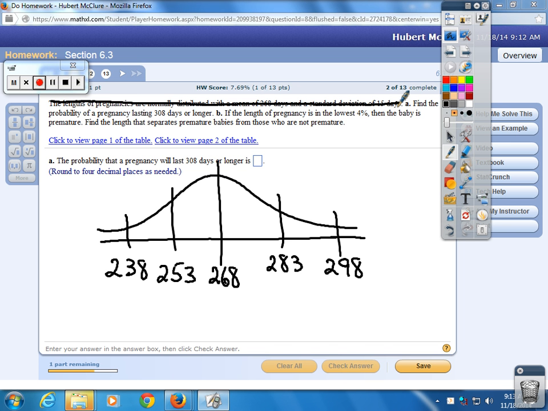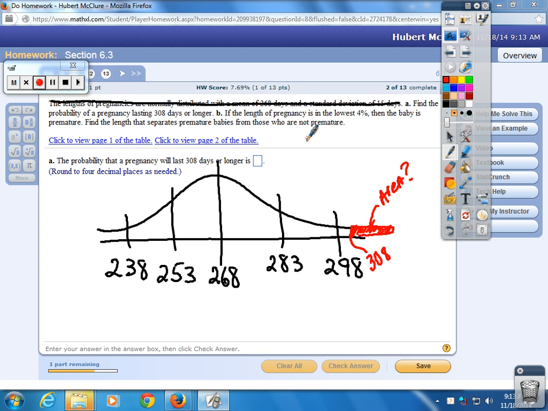Find the probability. So they want an area of a pregnancy lasting 308 days or more. They want that area. So that means that we've got enough information to obtain a what? A z-score.